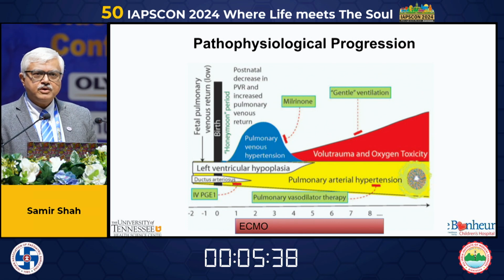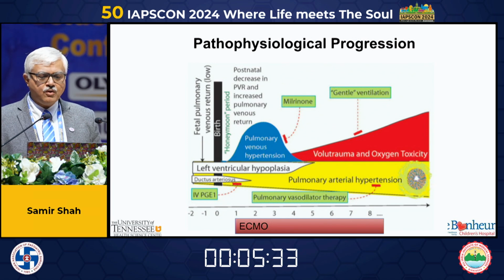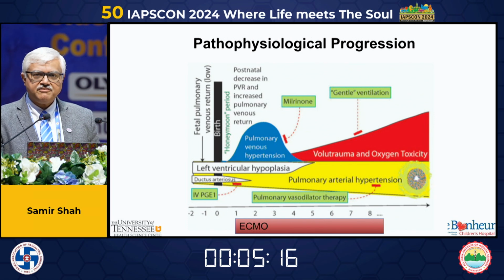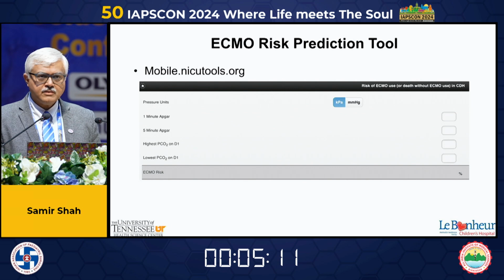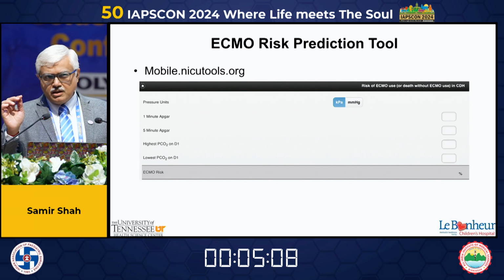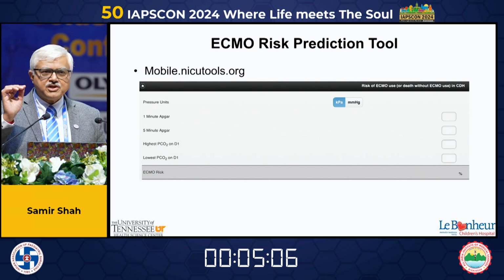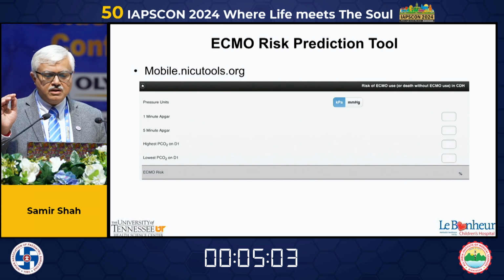At birth, you hear about the typical honeymoon period in some of these patients where they seemingly do okay, but in fact what's happening is there is a degree of left ventricular hypoplasia and pulmonary hypertension which is accruing, and this leads eventually to pulmonary hypertension and ventricular dysfunction, and when everything else fails, we do consider putting these patients on ECMO. So just a quick breakout here, and the question is, can we actually predict which of these patients would go onto ECMO?